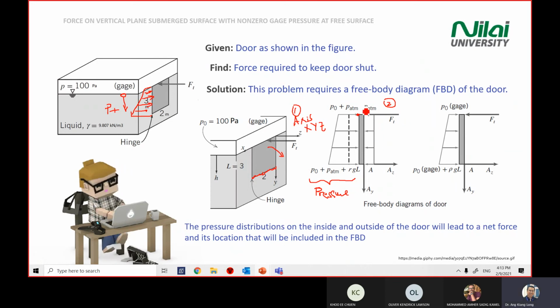The atmospheric pressure component is well balanced. And then we have a point force acting on the top of the door to stop it from moving. And we will have area in the Y direction, Z direction, and so on.